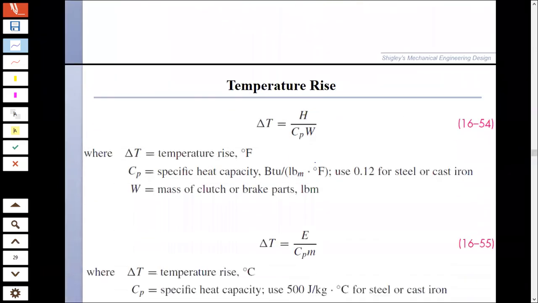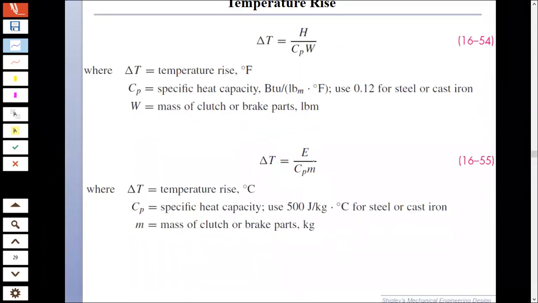So what would happen is that when you apply the brake, due to that slip, the temperature is going to rise. But how does the temperature rise? It depends on what material you use.